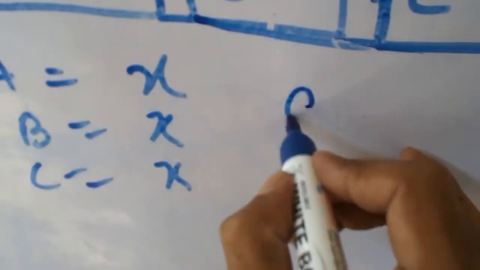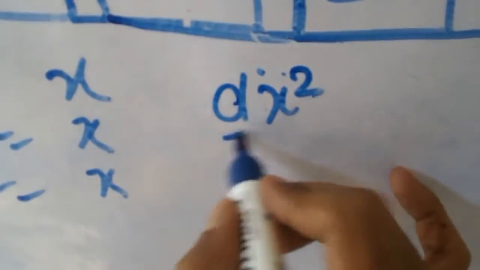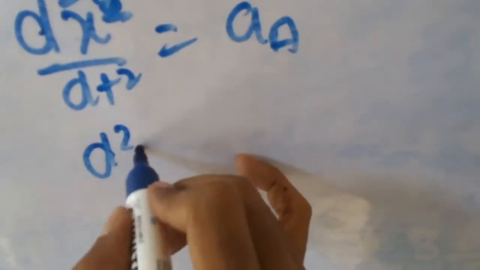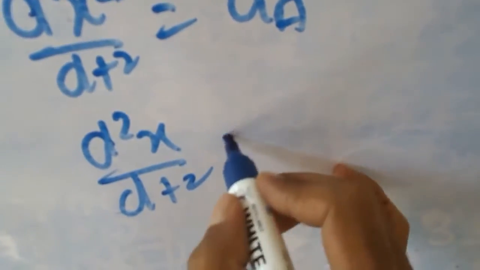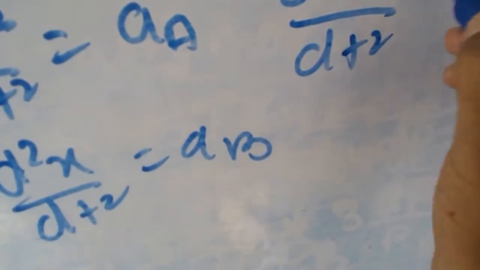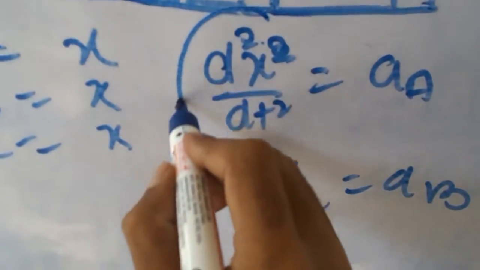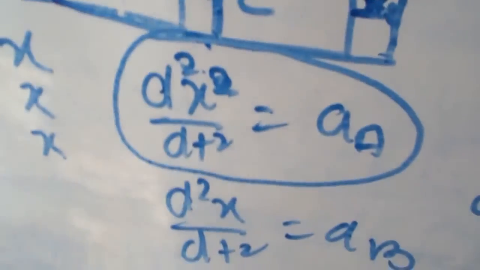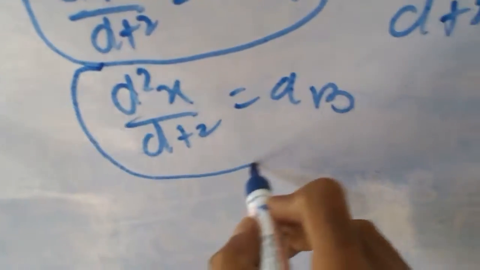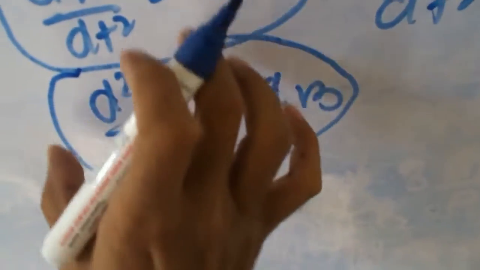So what is the acceleration? The acceleration of A will be d2x/dt2. This is the acceleration of A, and again this will be d2x/dt2, the acceleration of B, and d2x/dt2 should be the acceleration of C. If you have studied motion in one dimension, it is very easy to understand.